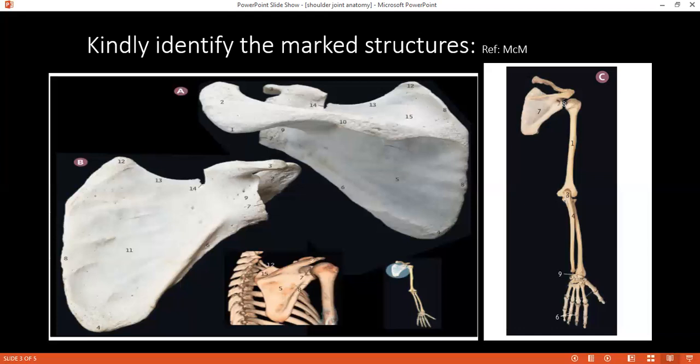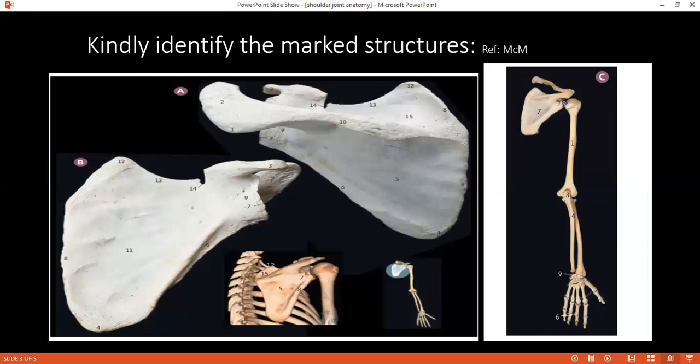Can you name the tendons or ligaments which contribute to the stability of the shoulder joint, please? Anterior, posterior and lateral glenohumeral ligaments. And coracoacromial, acromioclavicular and coracoclavicular ligaments. What do you understand by the term rotator cuff muscles? Rotator cuff muscles provide stability to the shoulder joint. Can you name those?